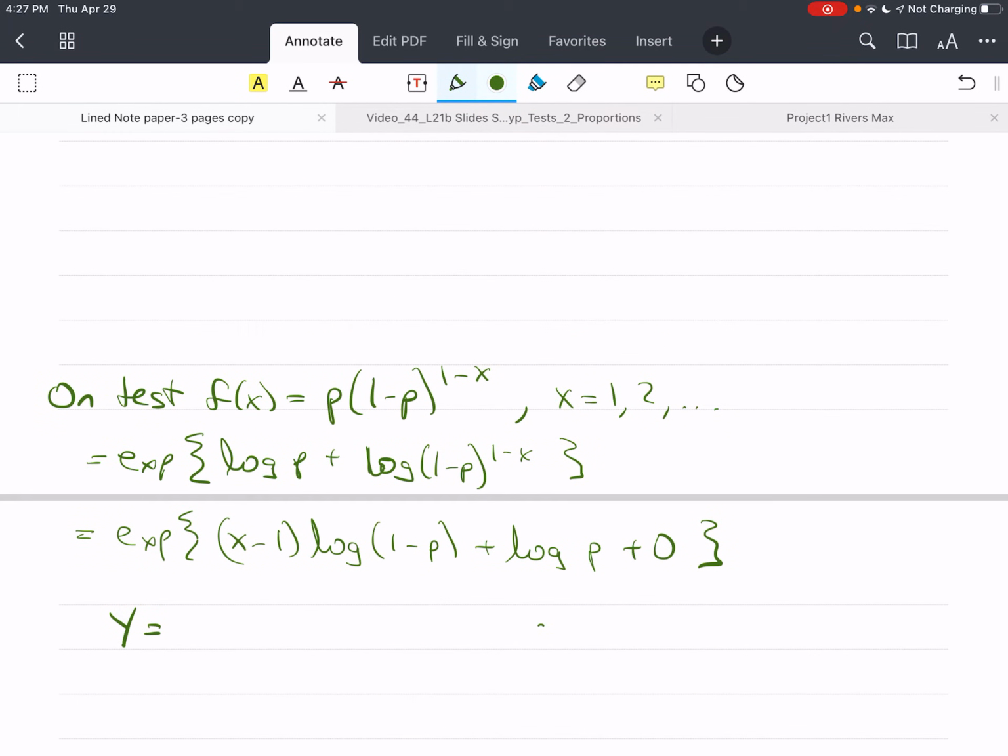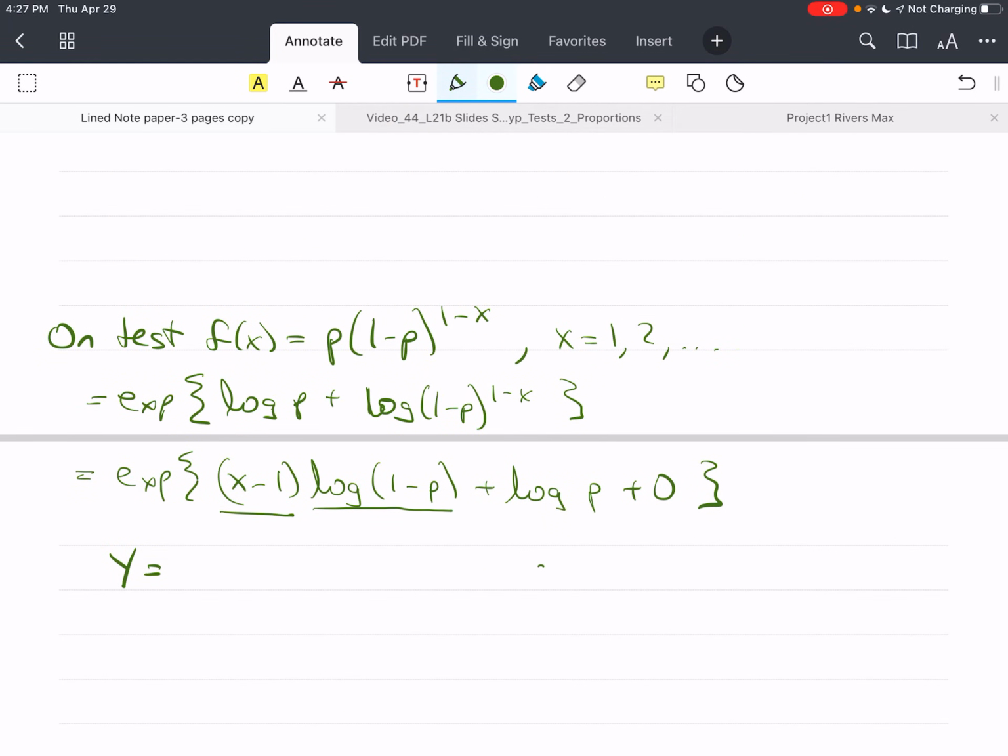So on the test, we had the geometric distribution. And so we take the exponent of the log and we end up, some of you left it like this, x minus 1 times log of 1 minus p, plus log of p plus 0. Some of you didn't put the 0, but I don't think I counted off for that.